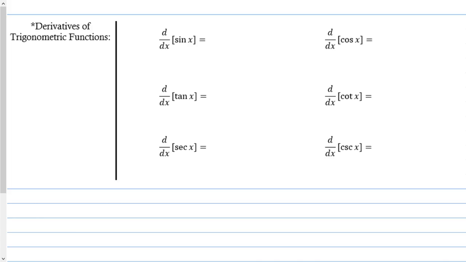Now their derivatives. I'm not going to deal with the graphs right now, but if you recall, the derivative is the slope. So if I wanted to find the slope of the sine function, it ends up being exactly the same as cosine. So the derivative of sine is cosine.